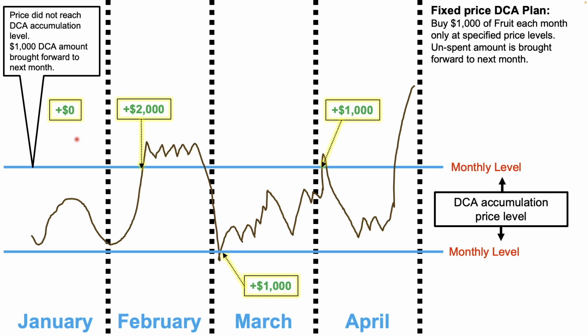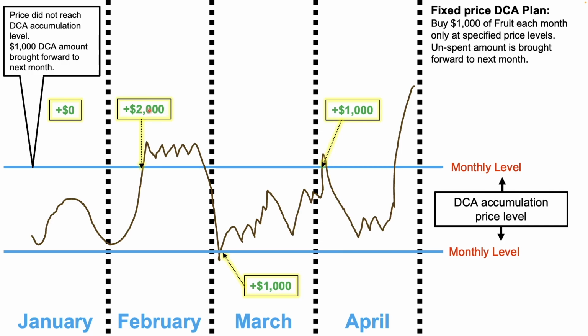So in January, the price did not reach any of the monthly levels, so you could not be investing any amount into fruit. And in February, the price reached the higher monthly level, and you invest $2,000 into fruit.